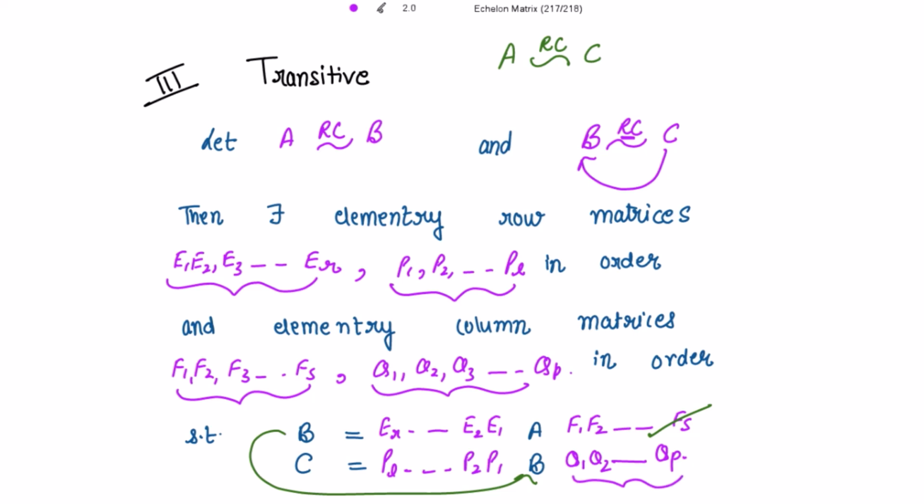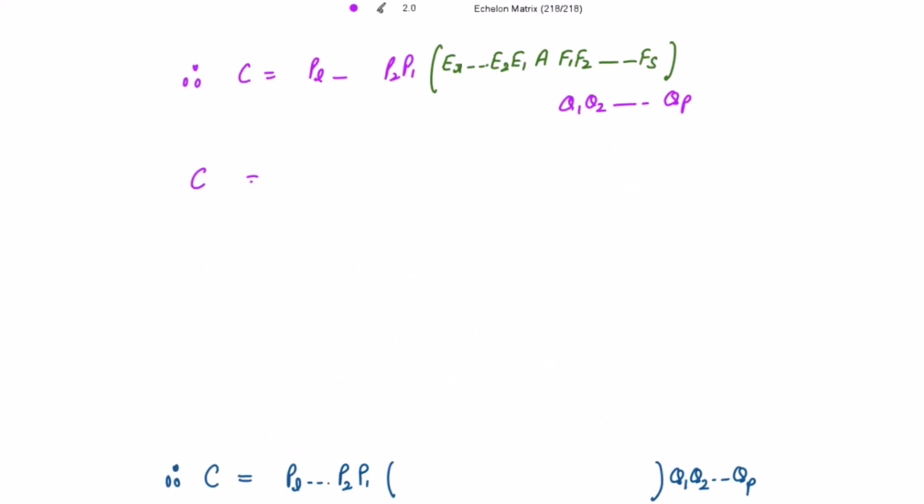So C is equal to Pl up to P2, P1, and then the product Er up to E2, E1. Collecting all this product of the elementary row matrices, and this is A, and also collecting the product of the elementary column matrices, this is Q1, Q2 up to Qp.